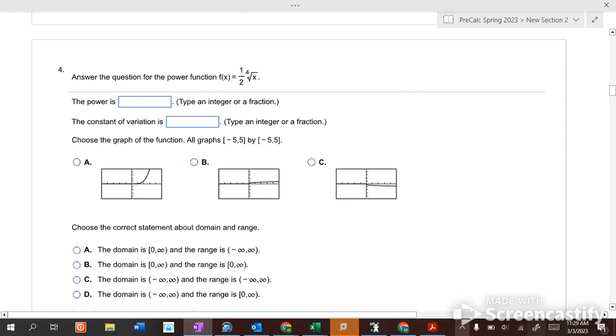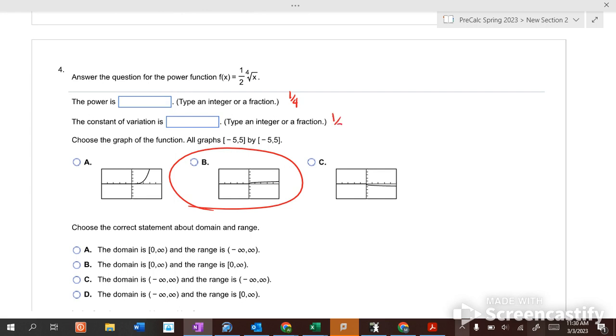Okay. The fourth root of x is going to look like a graph like that. Okay. The power is 1/4 because it's the fourth root. The constant of variation is 1/2. Okay. Because that's the number in front of x.